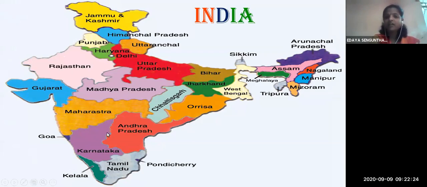These states together form India. Did you get it, beta? Just raise your hand like this. I can view your hands. You can use the option in the Zoom app to raise your hands, or else you can show your hand through video. Okay, good.